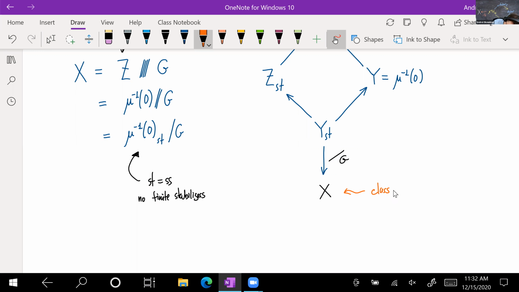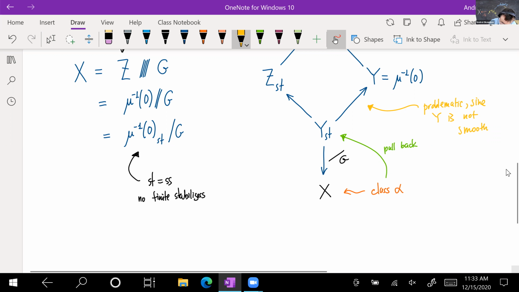since Y is not smooth. In these sorts of extension arguments, smoothness plays a certain role. So let's not do that.